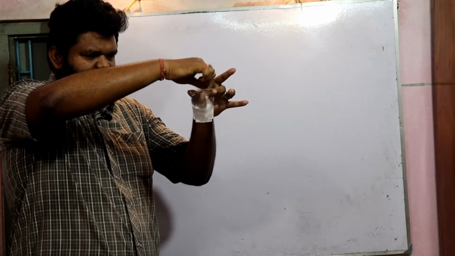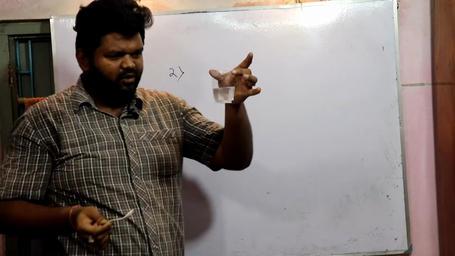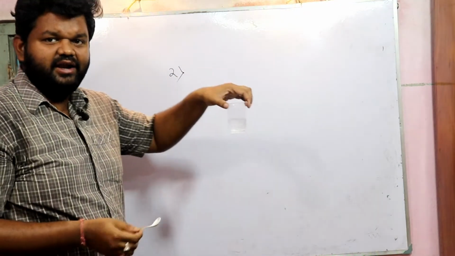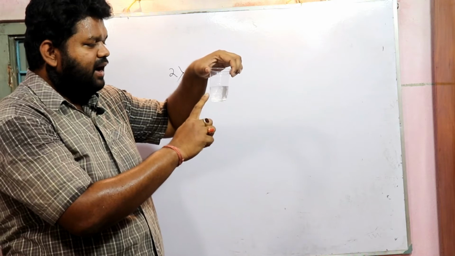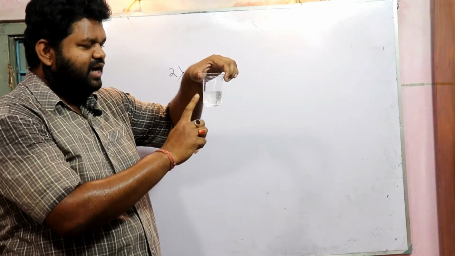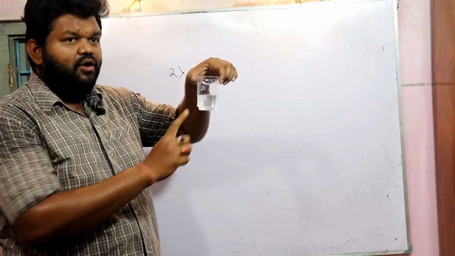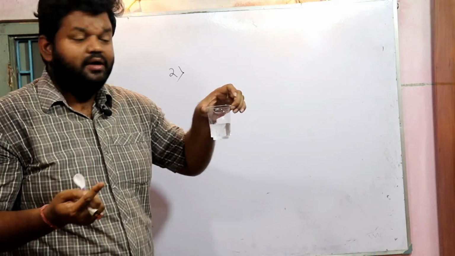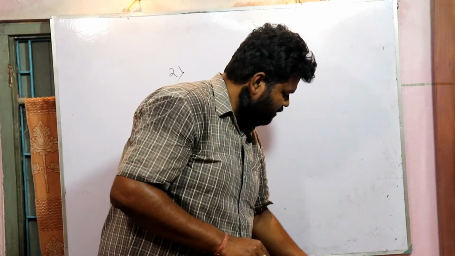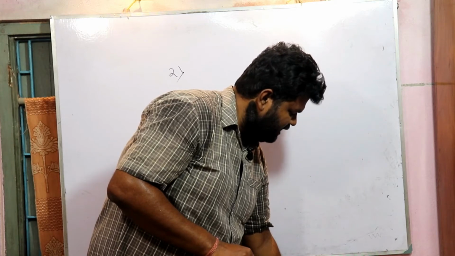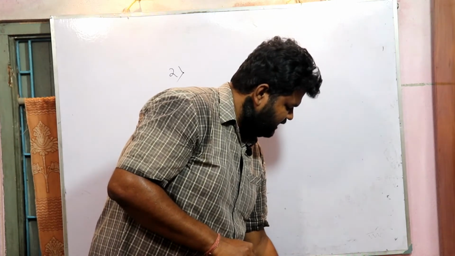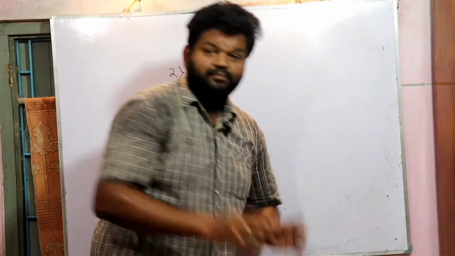Continuously stirring here. Yes, right now you can definitely see that no salt particle is visible to your naked eye. That means where have the salt particles gone? Definitely there is some space in between the particles.